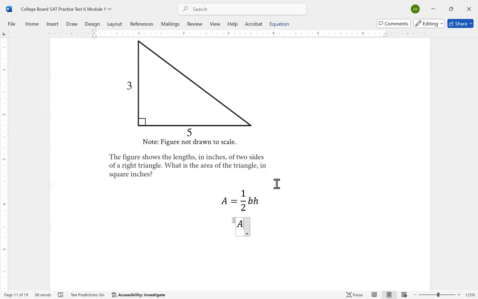The area here is equal to 1/2. The base, we'll call it the 5. The base is the 5. The height is the 3. You could have also flipped the triangle and had the same numbers. And what you end up with is a 7.5, or you could have written this also as a 15/2.